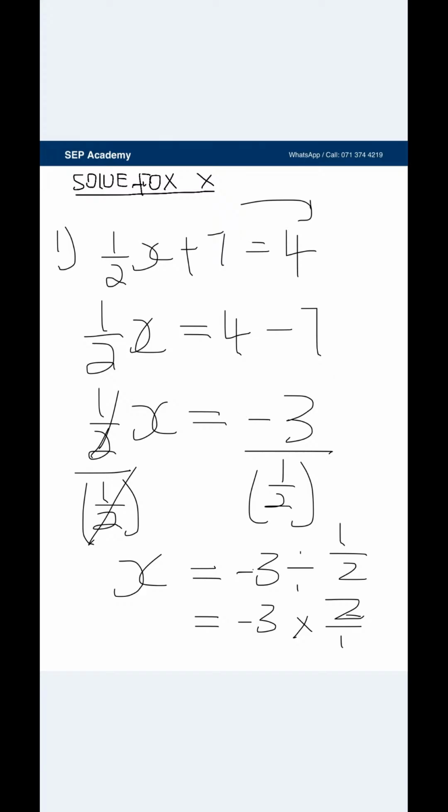So now it clearly looks like you are going to have a negative 6 because you end up having that negative 3 multiplying that 2, which ends up being negative 6, and that should be the end of it. So as we continue, you will therefore notice how to deal with such where you get to almost the final answer.